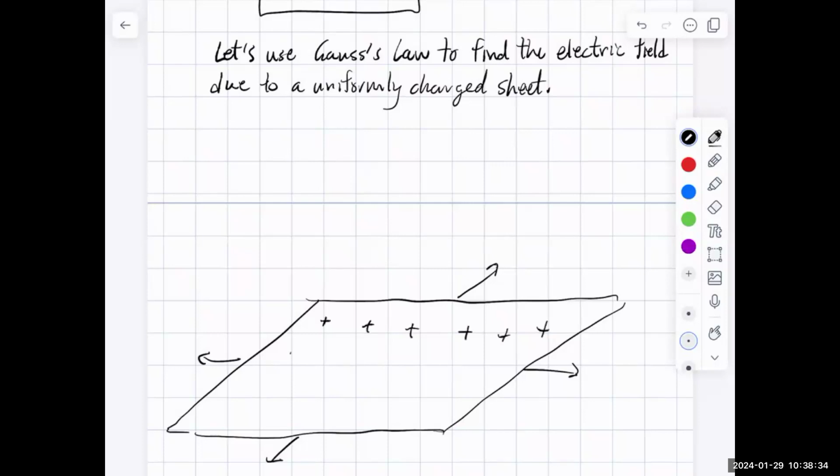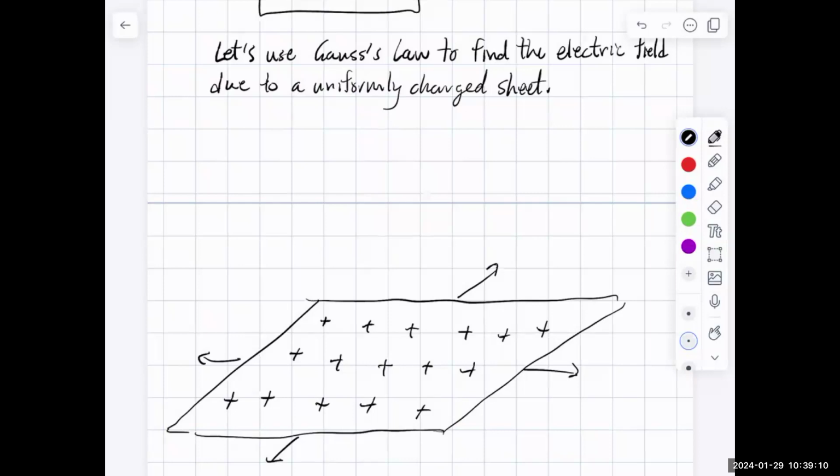What we're going to try to do is pick a surface, usually called a Gaussian surface, that is going to simplify the calculation. So we want the electric field to be either perpendicular to or parallel to whatever surfaces we choose for our Gaussian surface. In order to do that, we have to know something about the direction of the electric field.